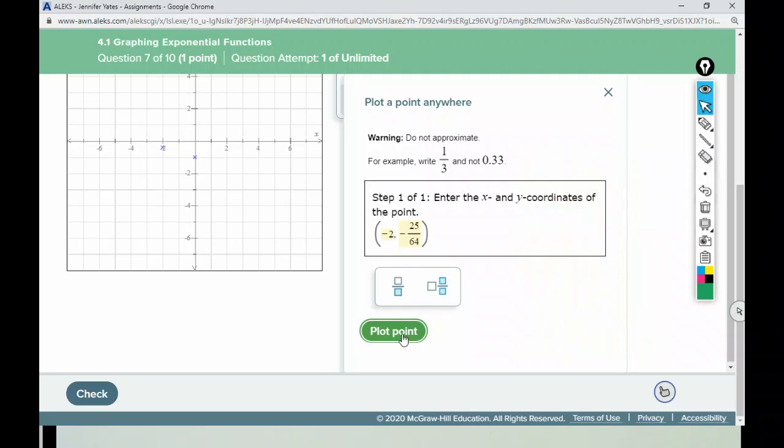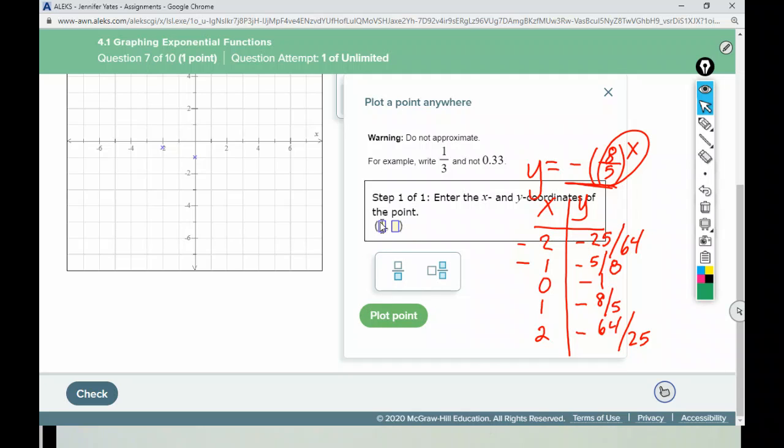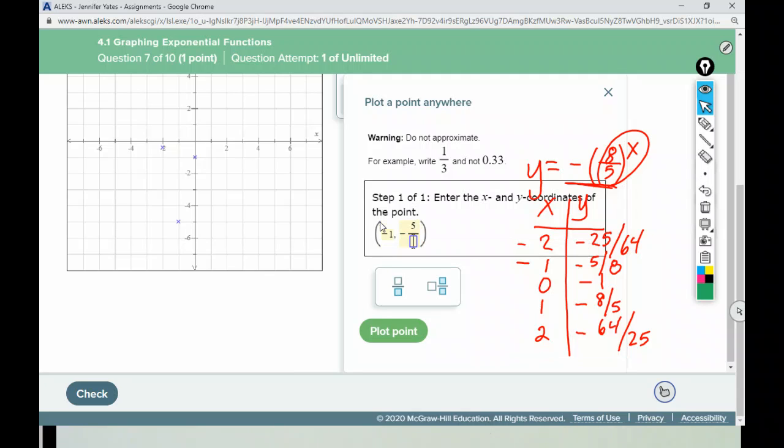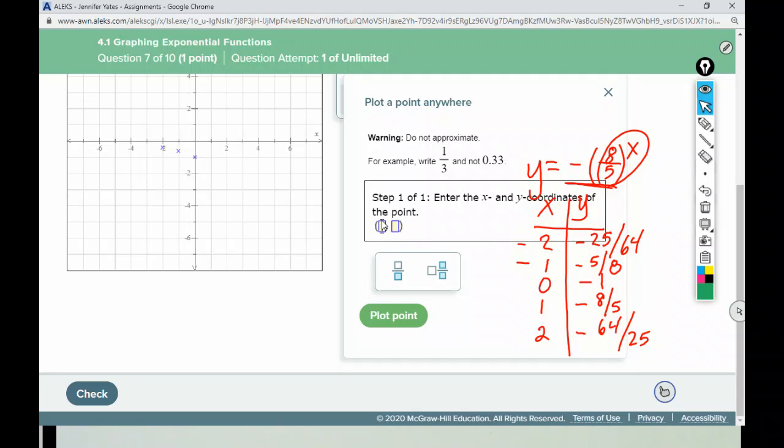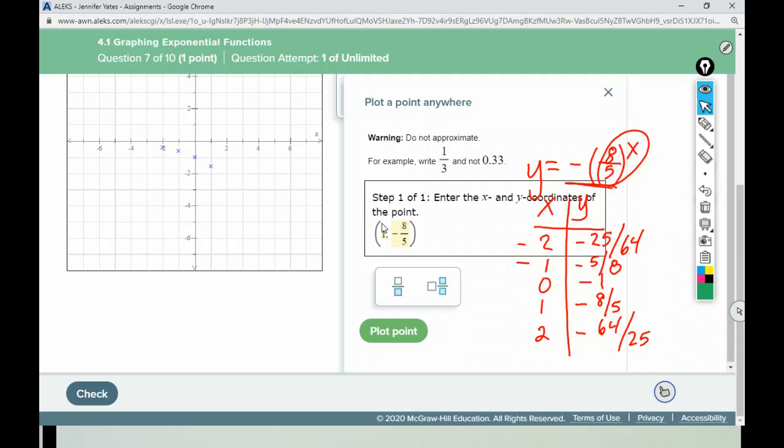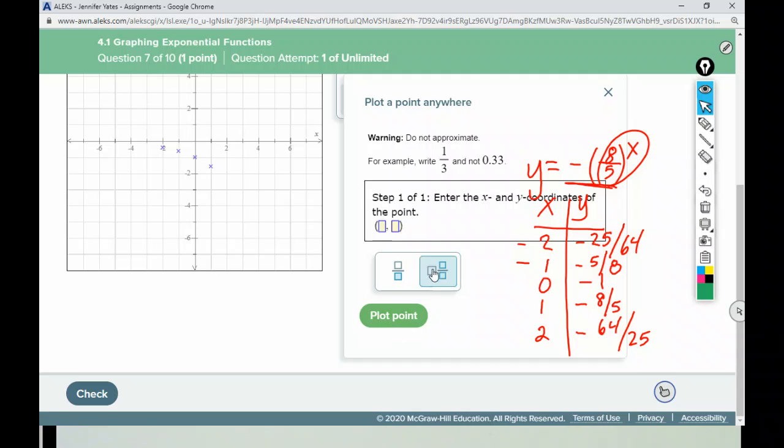Plot the point. We have -1 and -5/8, plot point. We have 1 and -8/5, plot point.